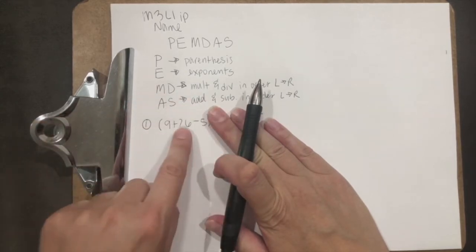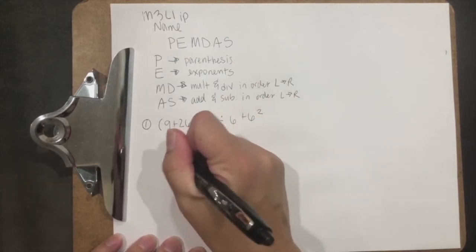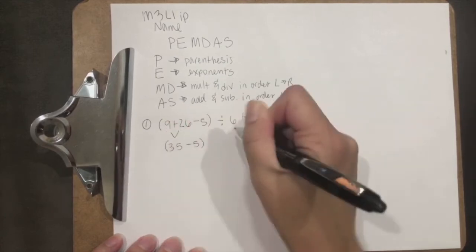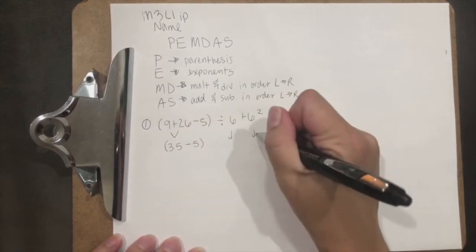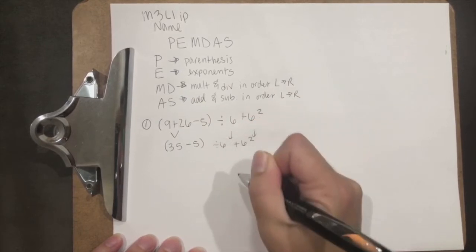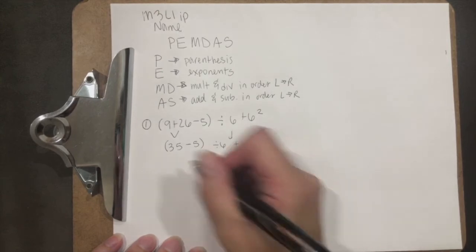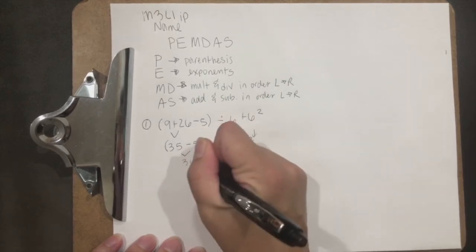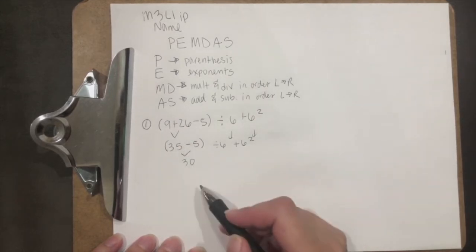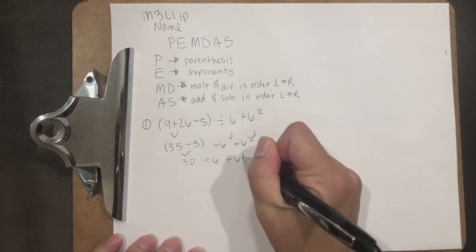So 9 plus 26 is 35 minus 5. And we'll just bring this stuff down. Divided by 6 plus 6 squared. 35 minus 5 is 30. Now we can drop the parentheses because we've done everything in them. Divided by 6 plus 6 squared.